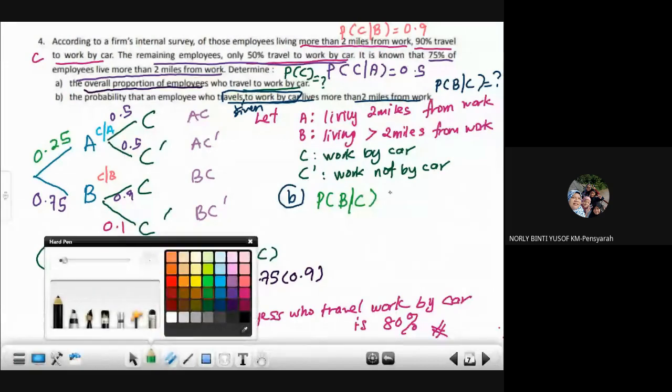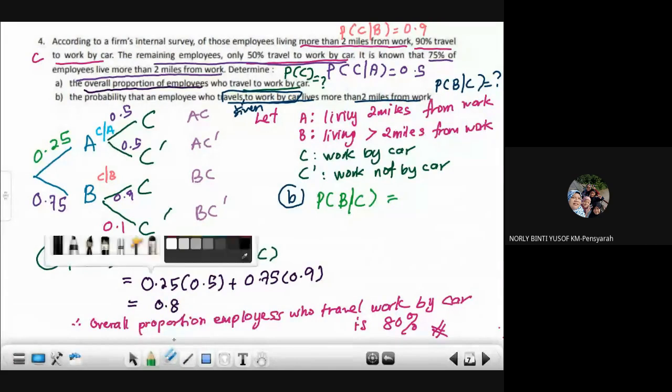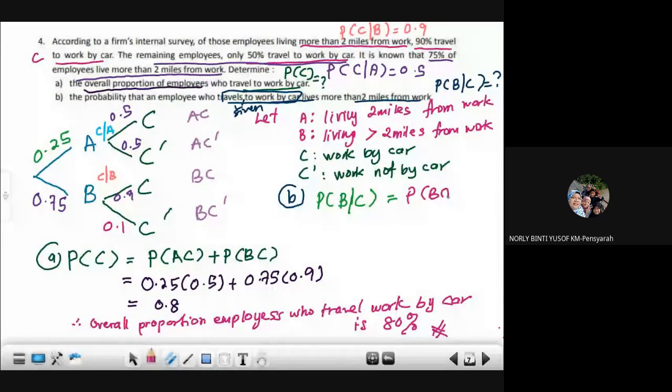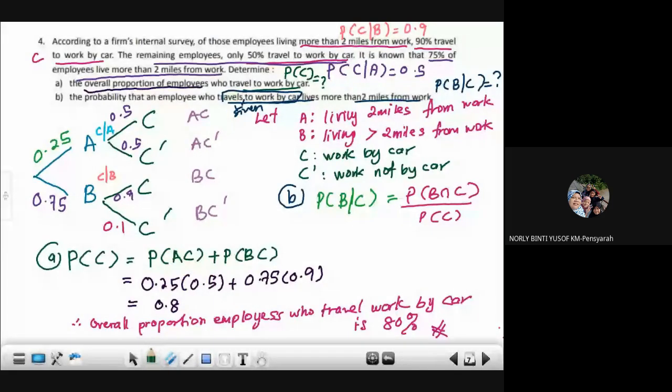Okay, so using your conditional probability, probability of B given C, that means probability of live more than 2 miles from work given work by car. So cari guna conditional probability adalah B intersect C divide by probability of C. Okay, B intersect C kita dah ada daripada tree diagram lah ini. 0.75 times 0.9 divided by probability of C, you already count in A. In A lah, 0.8.